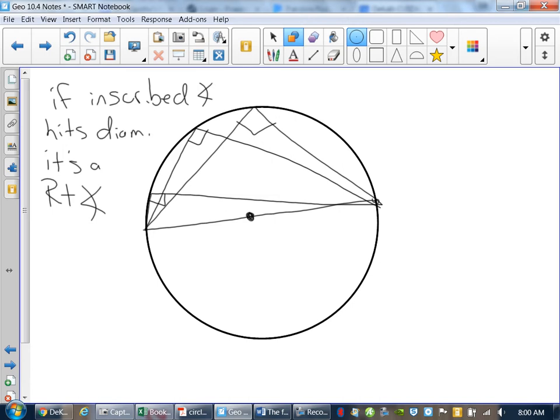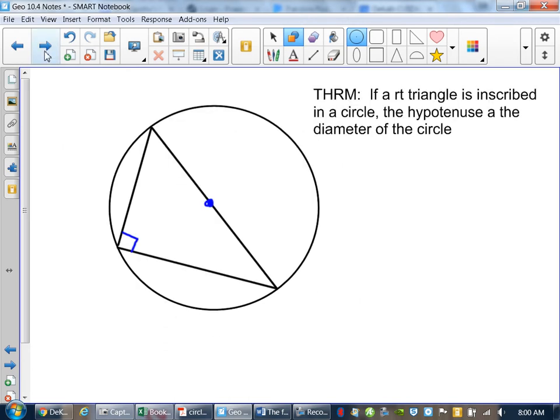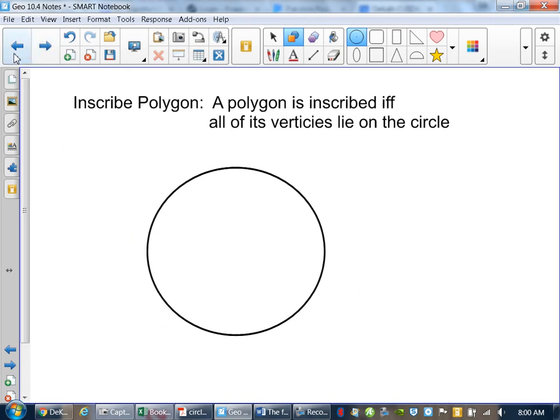Okay, let's give a look at that. The sideways look at that. Inscribed polygon. We actually have done this on a couple of occasions by constructions. Right before spring break, I had you guys draw up an inscribed pentagon. Remember that? Where all of our vertices were on the circle.